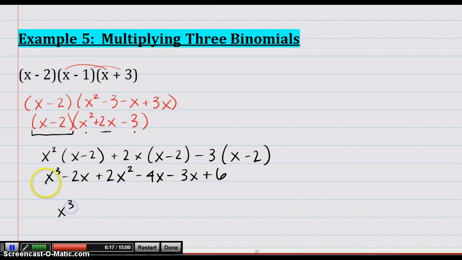So x cubed, and that's our only squared term, so plus 2x squared. And we have 3x terms, so negative 2 minus 4 gives us negative 6, minus 3 more, minus 9x, and then plus 6. And that is your final answer. So that is how you add, subtract, and multiply polynomials.